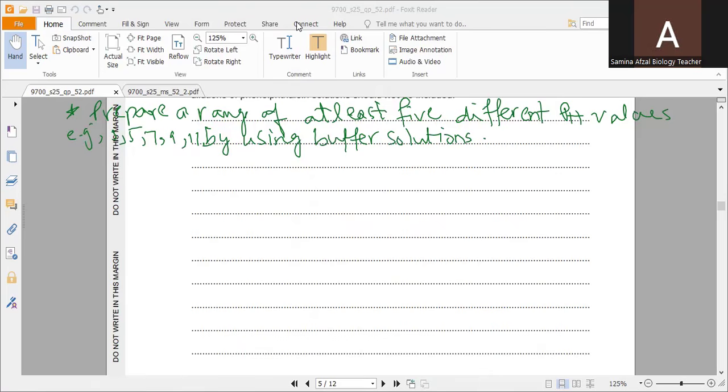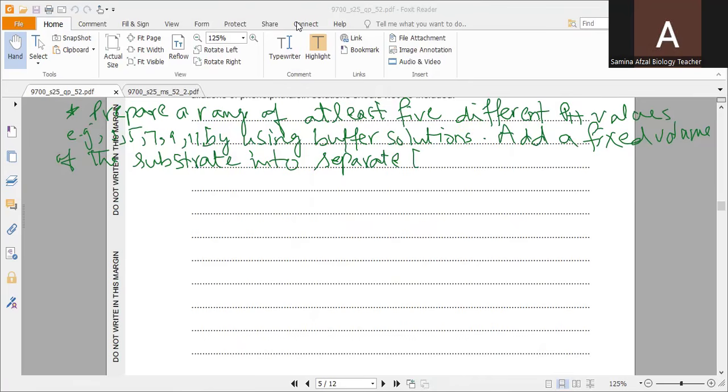Then add a fixed volume of the substrate, phenolphthalein diphosphate, into a separate test tube for each pH.